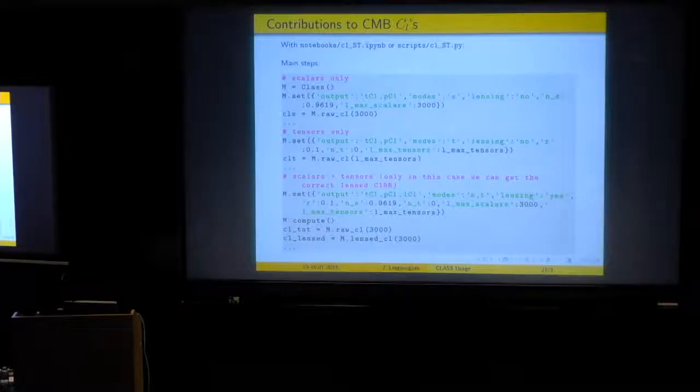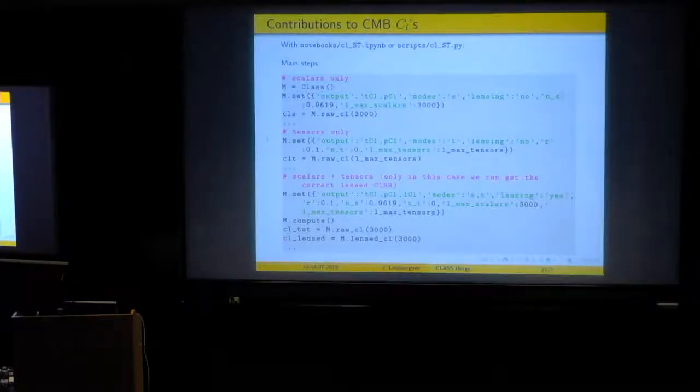Then to get the curves with tensors, the dots here are plotting commands that I don't show for concision. Then I want to get the tensor contribution. It's about the same, except that for the modes, I put T for tensors. And for the amplitude of my tensors, I pass r, which is the tensor-to-scalar ratio.